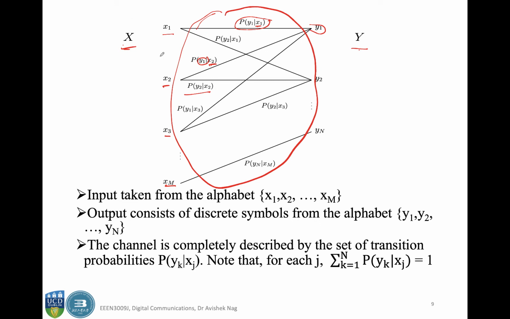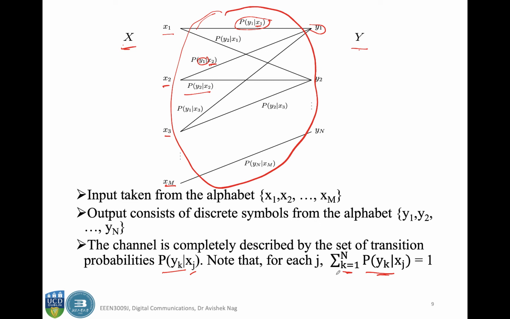And you can note that for any j, if you sum over all the k's here, so let's say your transition probabilities are of the pattern probability yk given xj, where k varies from 1 to capital N, and j varies from 1 to capital M. So for any j, if you sum the transition probabilities over all values of k, you will get 1.